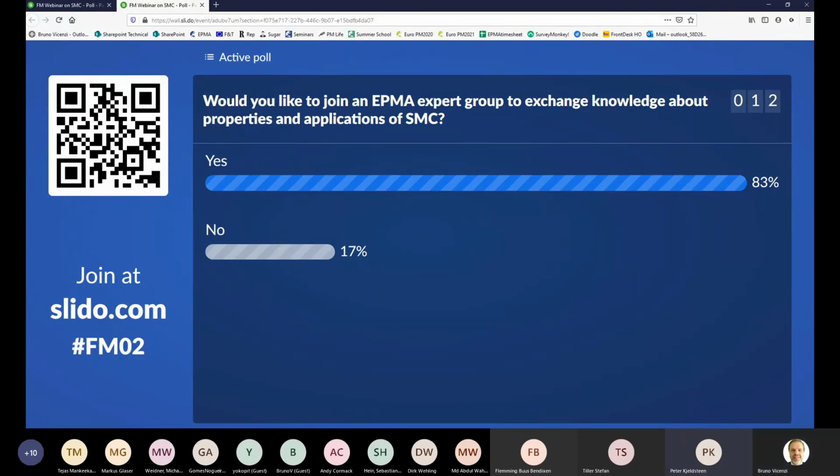But you slightly introduced the club projects that are within EPMA. In other groups within EPMA, several companies go together and invest in an R&D activity, often performed at a university.